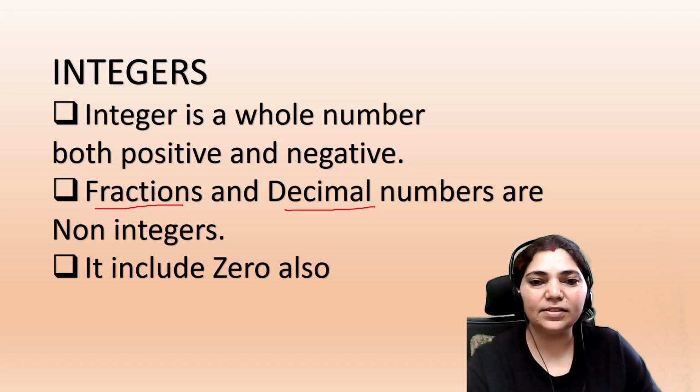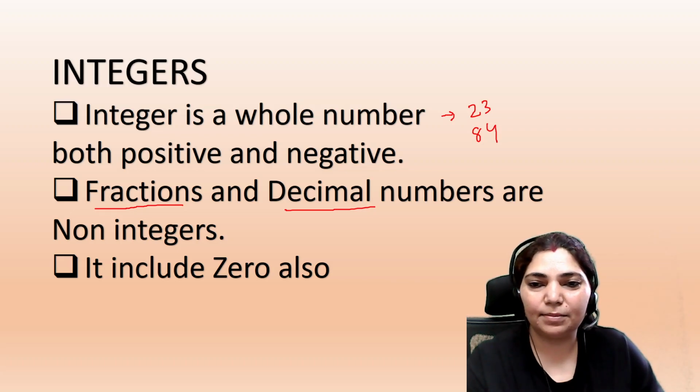So that means an integer can be a number which is, for example, 23, 84, a whole number which doesn't have any other part in it.